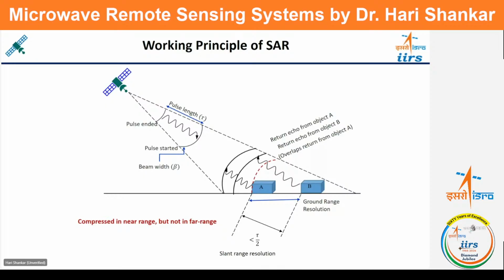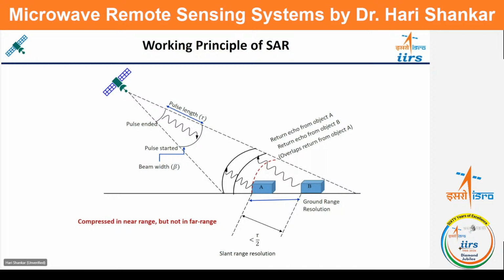It means a sensor is sending one pulse, then some gap is there. In that gap, it is receiving the signal. Then after that gap, again it is sending the signal, that pulse. Then again it stopped. During the stop period, it is receiving. Then again it is transmitting the pulse.